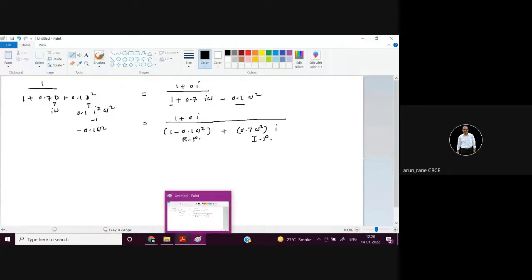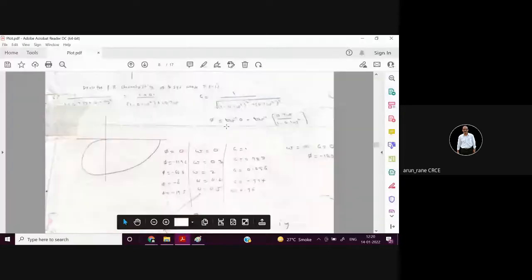Now what is phi? Phi is equal to tan inverse of 0, minus tan inverse of the imaginary part. The imaginary part is 0.7 omega. So I will write it here now.